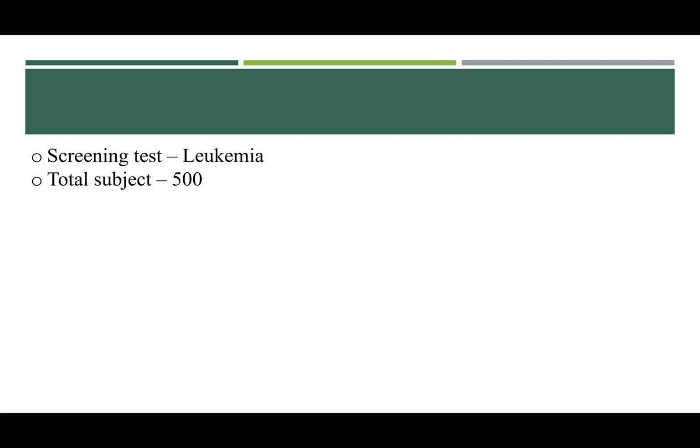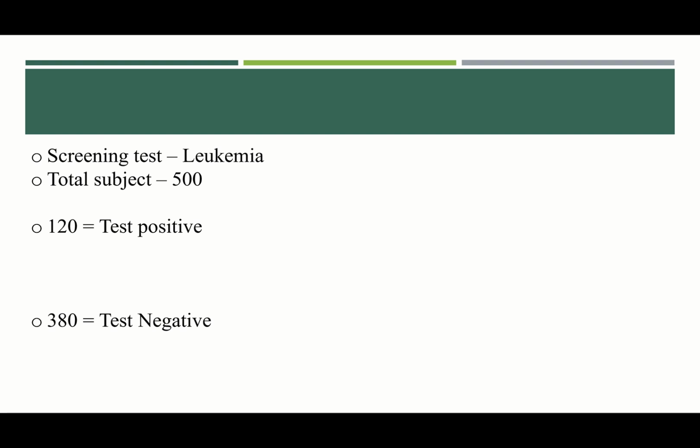After the screening test among these 500 people, you found that about 120 of them have a positive screening test. So here 120 is the test positive group, which means that the remaining 380 people didn't show any positivity in their screening test. So the 380 is your test negative.